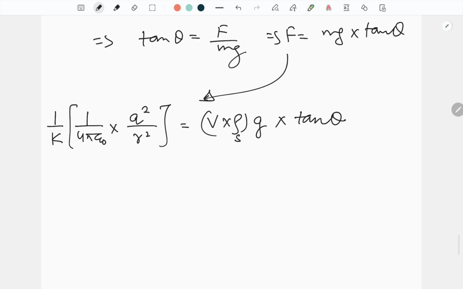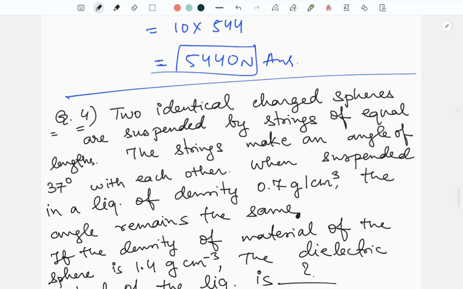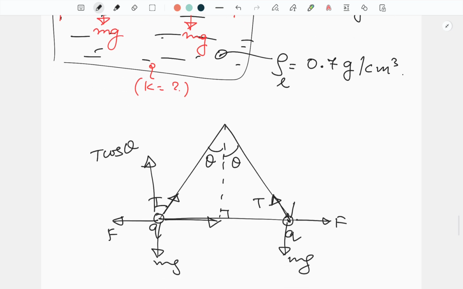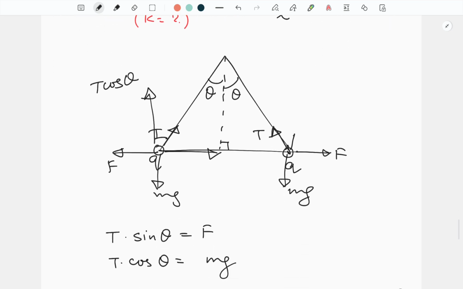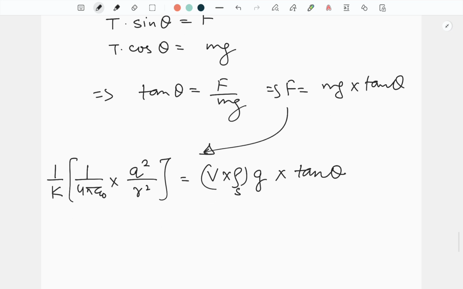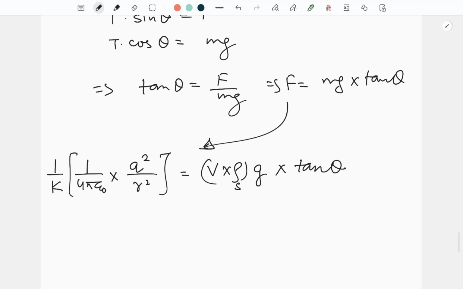Okay, let me first calculate this again. I think till here it is correct, but after this I think we have to do some correction.